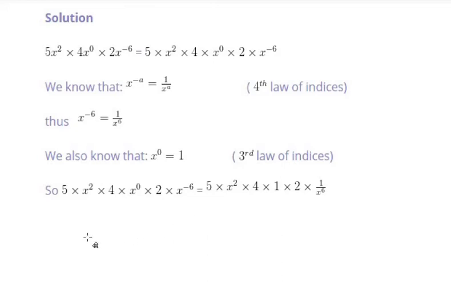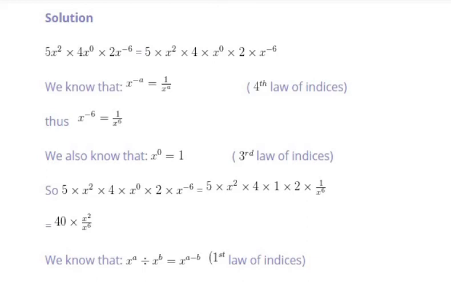5 times 4 is 20, times 2 is 40, times 1, 40. So we have 40 times x squared times 1 over x to the power 6. So it's 40 times x squared over x raised to the power 6.